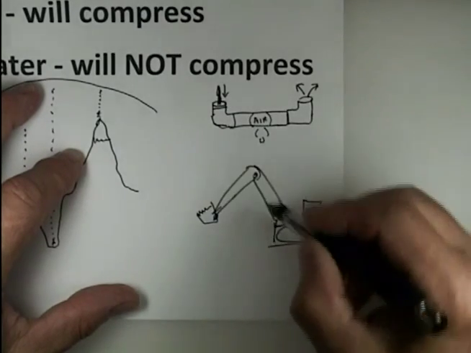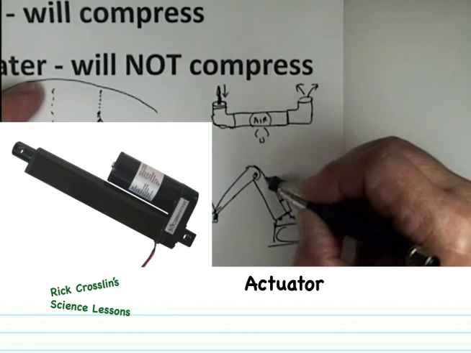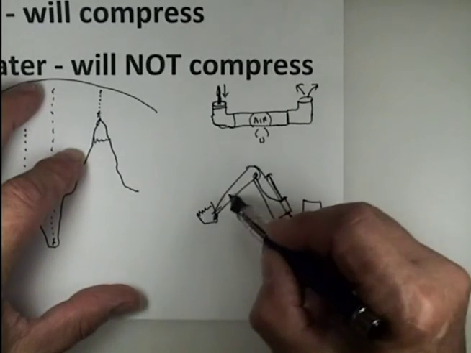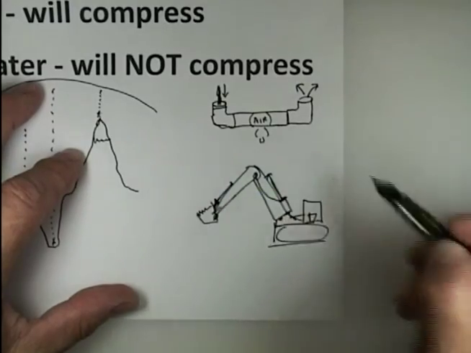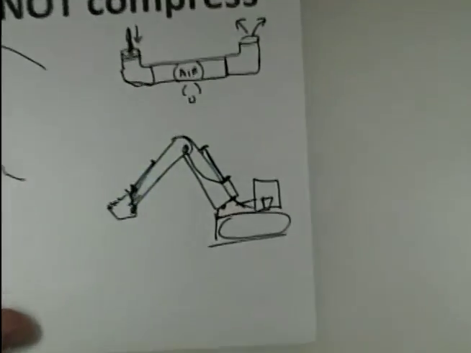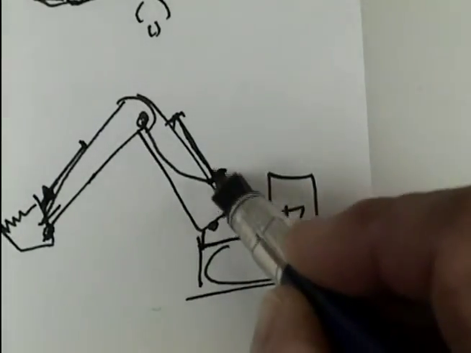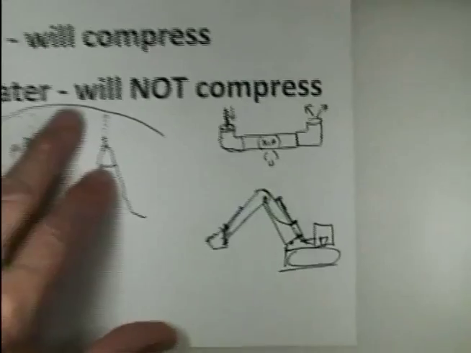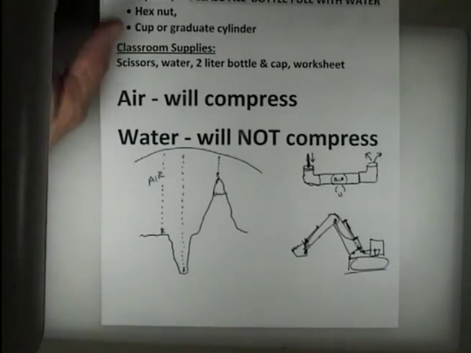And this machine had what looked like a piston that would push, and this silvery thing right here and the pipes going to it had these pistons that were working off of hydraulics. So when the operator pushed a button, the pump would pump liquid and push this in and out. So hydraulics help us move things because liquids will not compress, but air will compress.